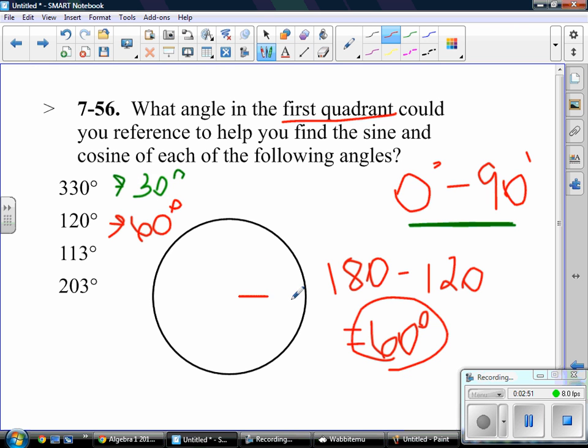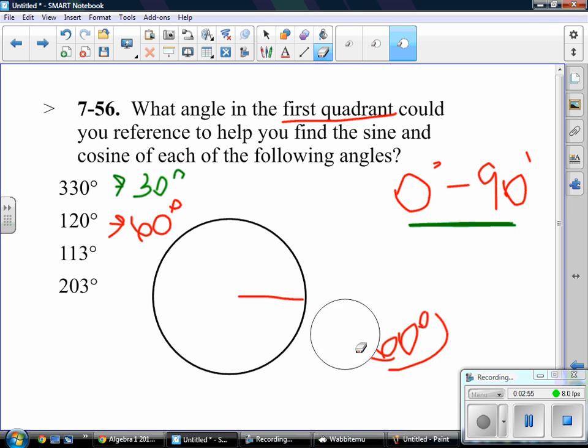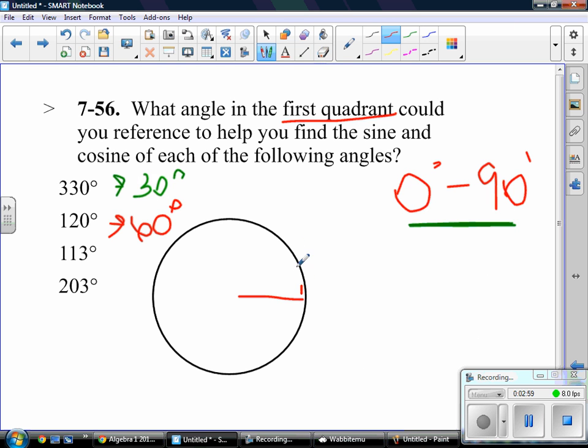So let's do part C. I have 113 degrees, so pretty close to 120. I'm going to do a very similar idea. I'm going all the way around. Here's 90. I'm a little bit past that, so this is 113 about. So we're going to think about this. How far did I go? I would have gone 180 degrees around. This would be 180.